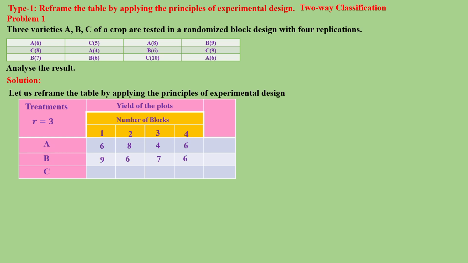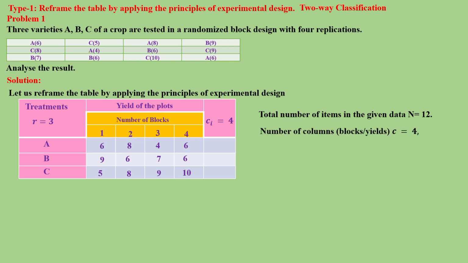Then C: first C is 5, second C is 8, third C 9, and fourth one 10. So all are equal, C1, C2, C3 columns, right? Total number of items n is equal to 12, number of blocks 4, number of rows are 3.